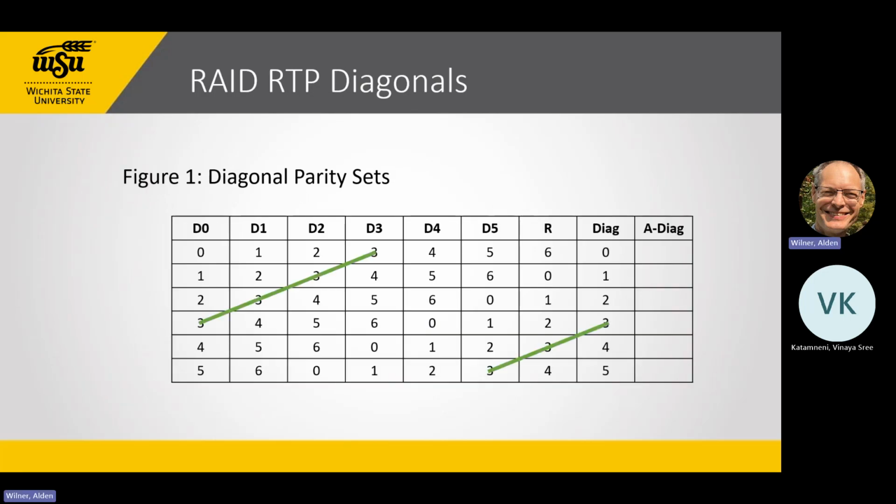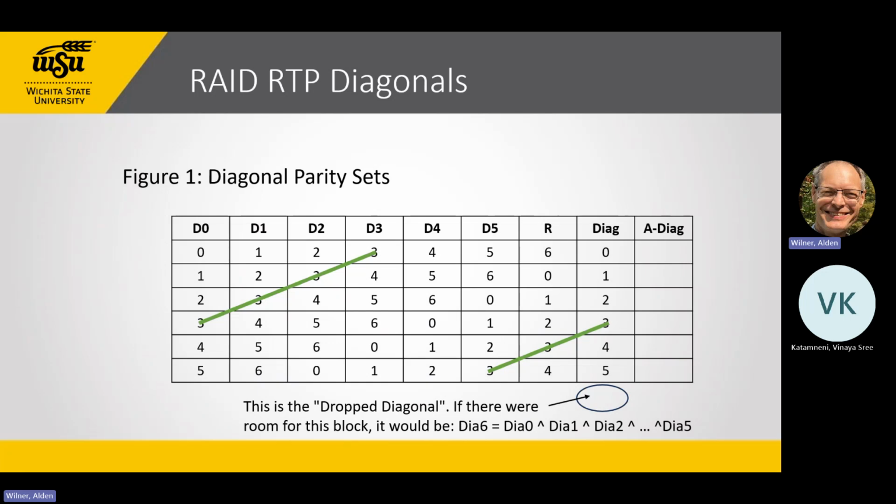So here's our diagonal parity sets. There's the diagonal, and this is the drop diagonal. If there were room for that, it would be diagonal 0 plus diagonal 1. It would be the XOR. If we had that block there, it would actually be the XOR of those data blocks, because the way we calculated the data, we did a whole bunch of XORing.